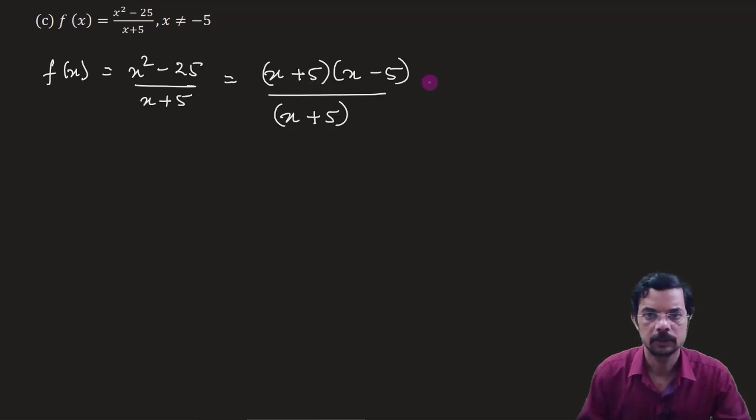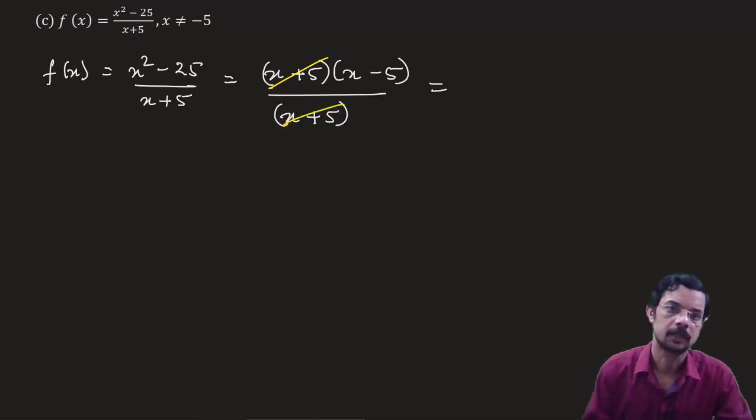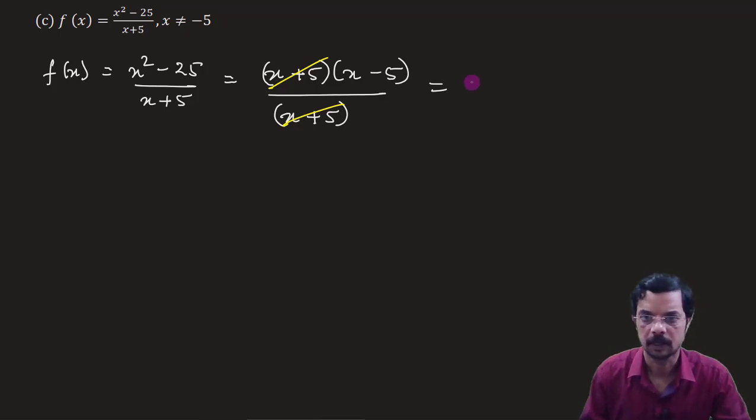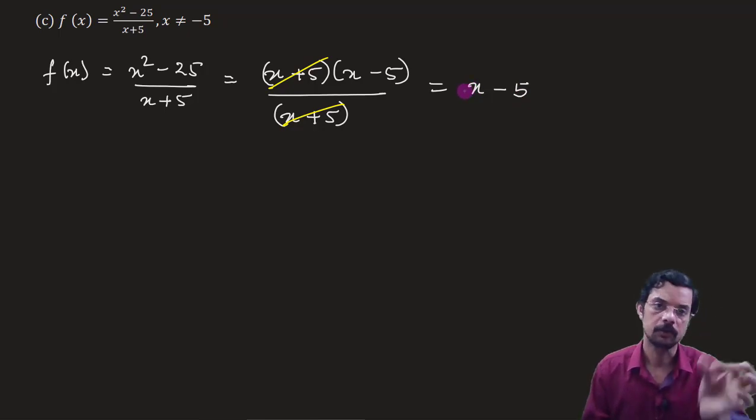We can cancel x plus 5 from both sides because it is not equal to 0, and hence we have f of x equal to x minus 5.